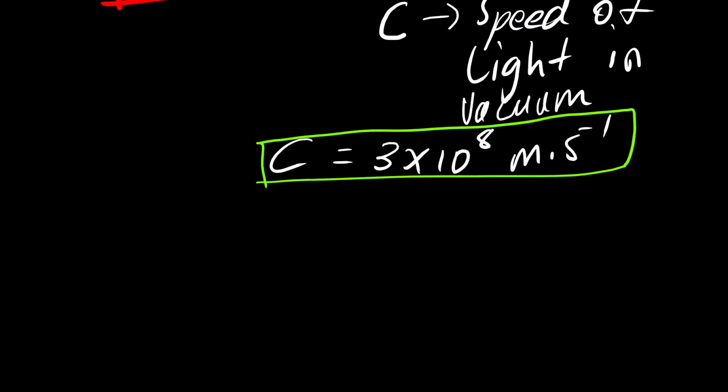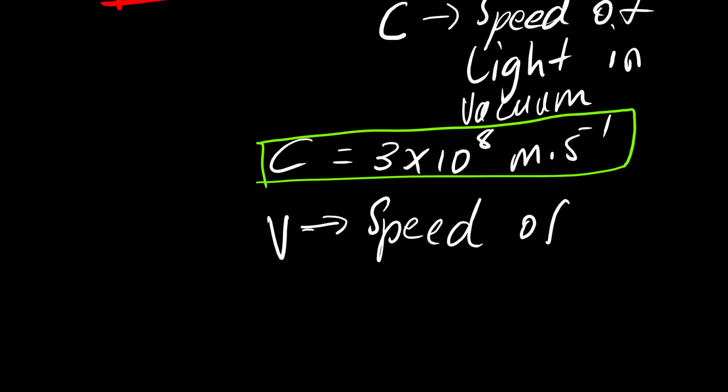Now V is the speed of light in a material.